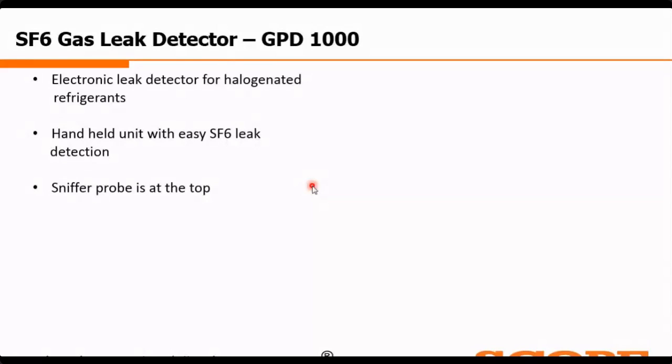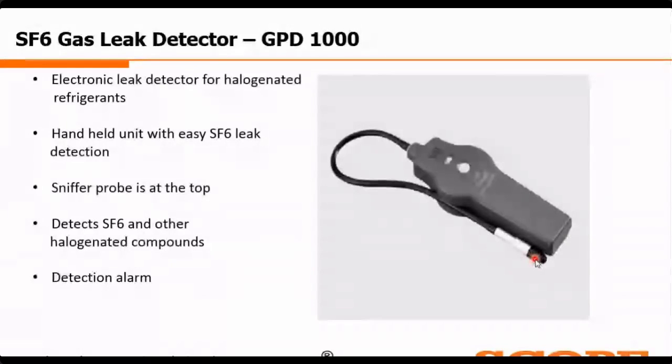There is one sniffer probe at the top. So here it is, the instrument. This sniffer probe is at the top, and with its help, the detection alarm is there. Here you can hear an audible alarm sound. It will come when it senses SF6 or the halogenated gases.